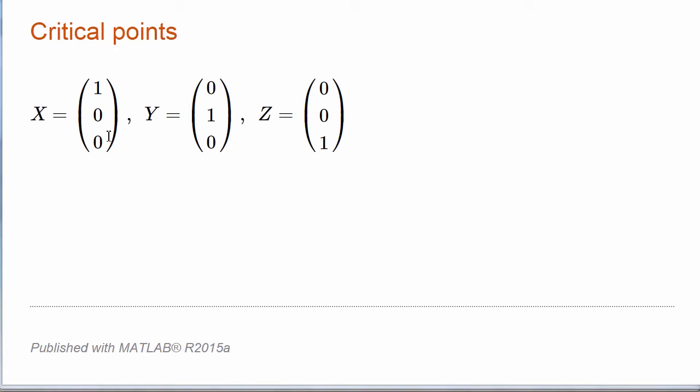Well, it turns out that x and z are stable critical points, but y is an unstable critical point. If the angular momentum is near x or near z, it stays near there. But if it starts near y, it moves away quickly.